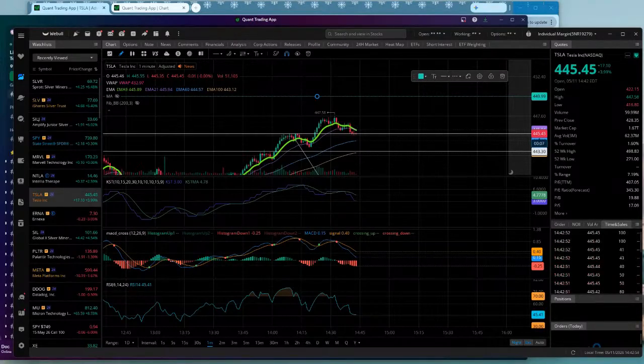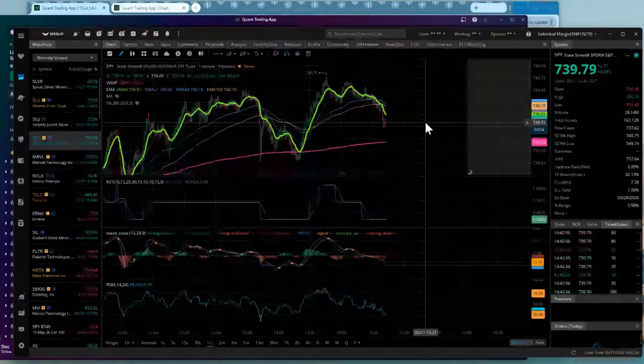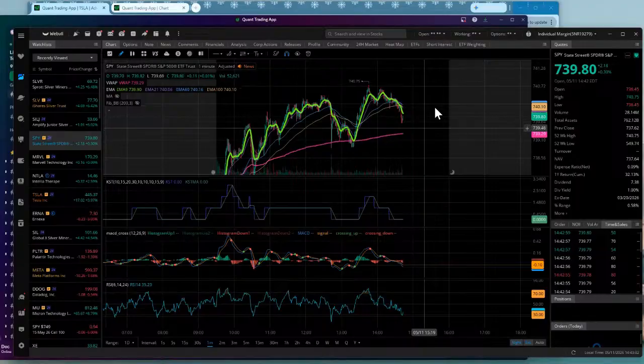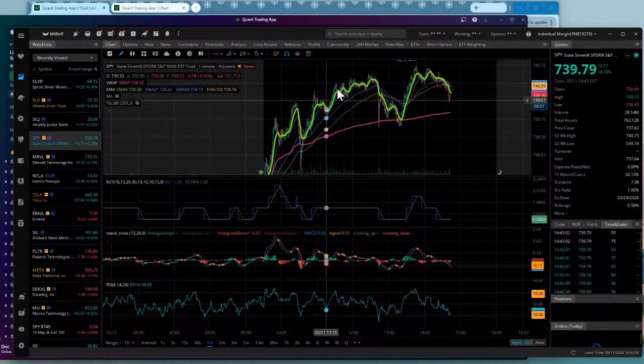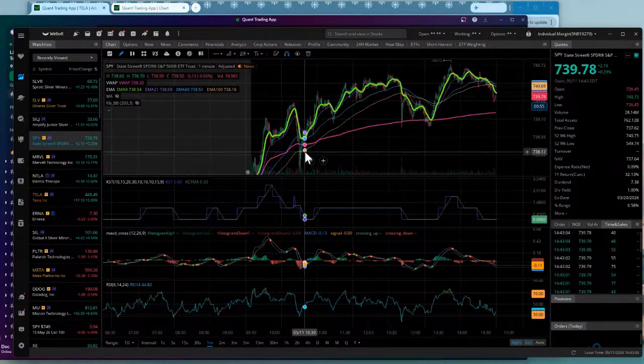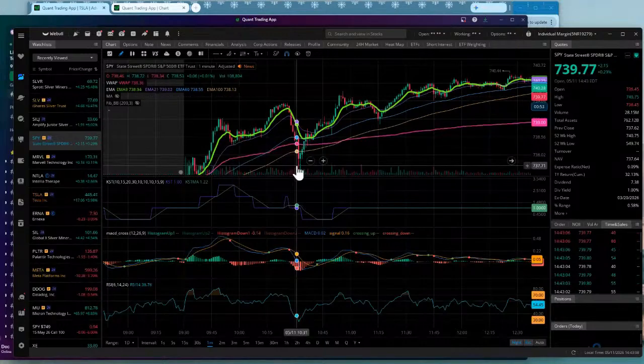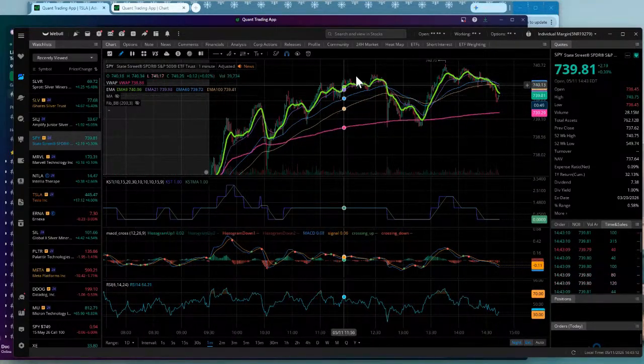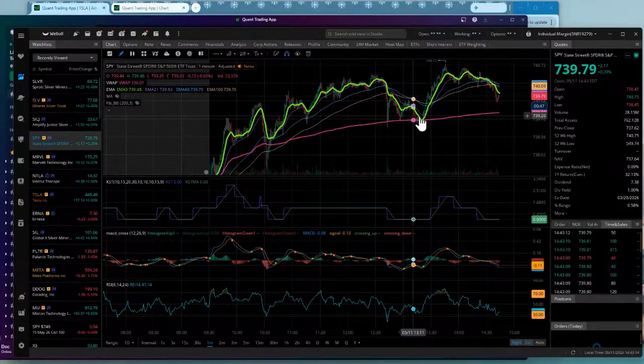Keeping my eye on the SPY. Let's flip over to that for a second. So 740 looked like it was the top today. I mean, we're not done yet. Look at this. Ran up, tested VWAP, broke below it, came back up. And then the second, third, and fourth time still held on VWAP.